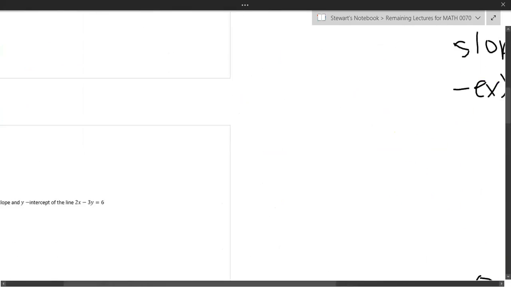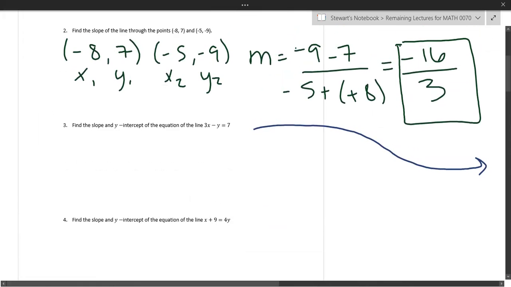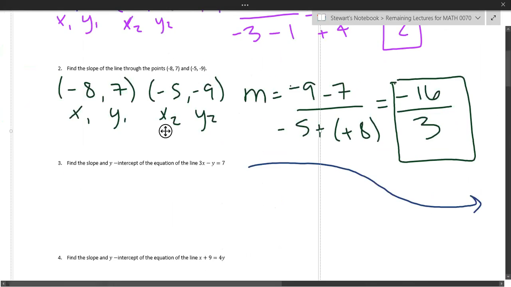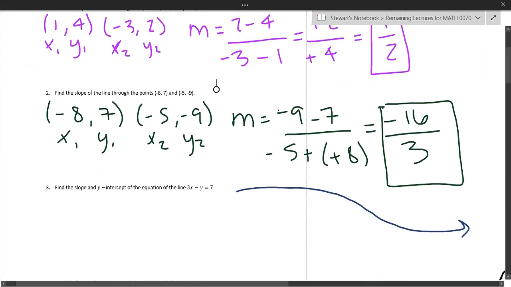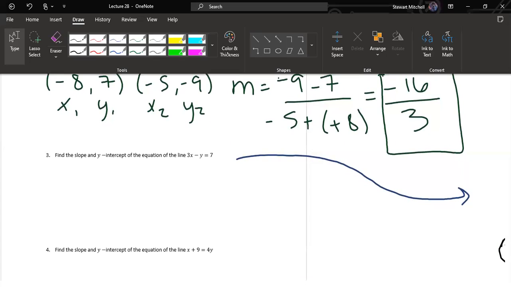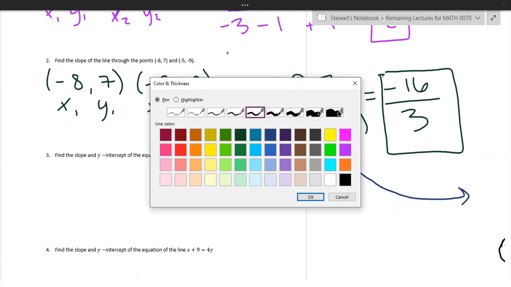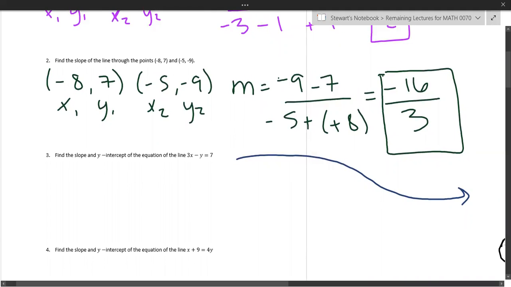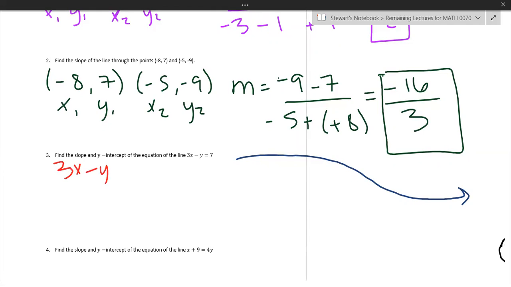So with that information, we can see that this is in standard form, and we want to change it into slope-intercept form because they asked us what the y-intercept and what the slope is, and we can find that if we know slope-intercept form. So we have 3x minus y equals 7.